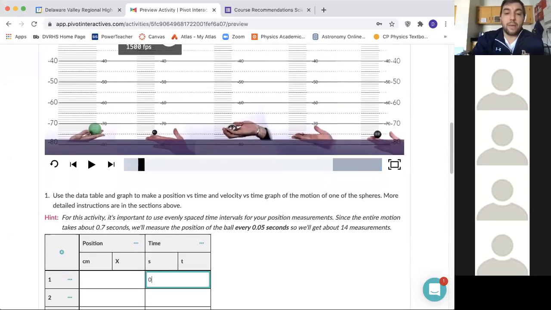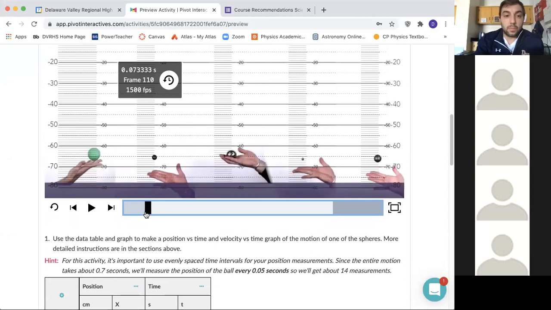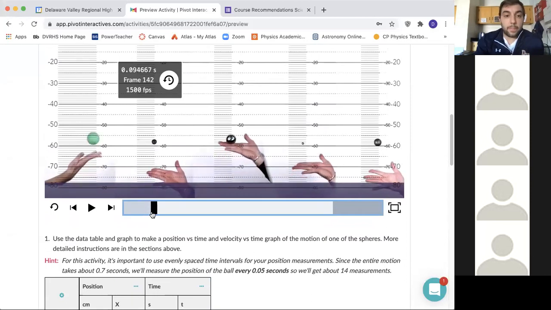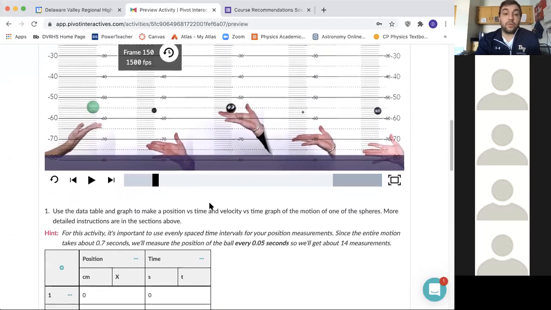Use that time as t equals 0. And then use 0.1 seconds exactly like that as t equals 1. I know that can be a little confusing, but that's what we should have been doing in the first lab.